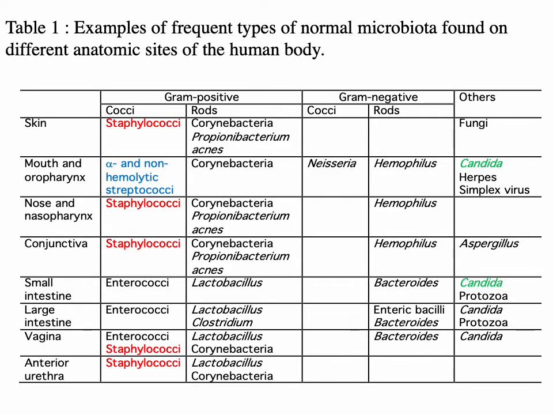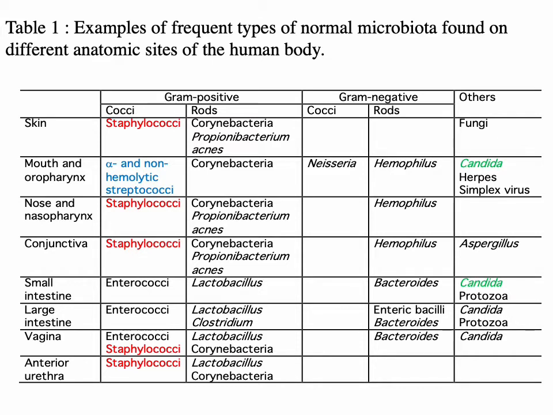Here is table 1, which gives you some examples of frequent types of normal microbiota found on different anatomic sites of the human body. On the left of the table, you can see the different sites of the human body: the skin, mouth and oropharynx, nose, nasopharynx, and so on. Conjunctiva is your eye, followed by intestines, vagina, and the urethra of the penis.